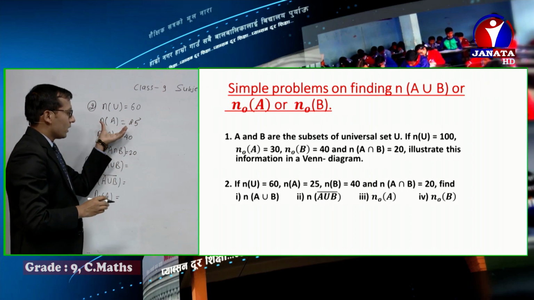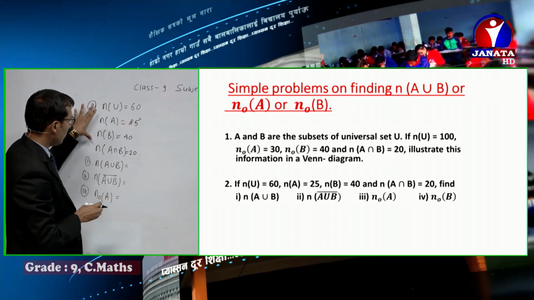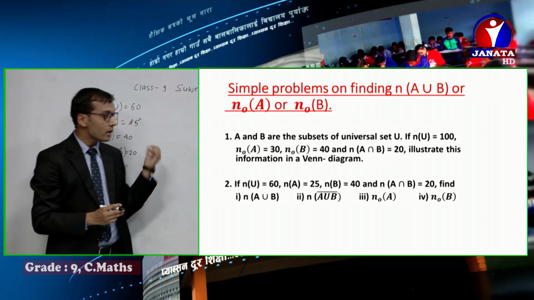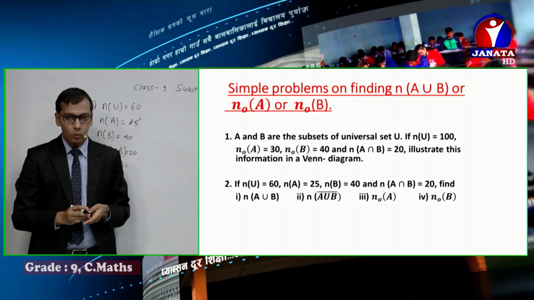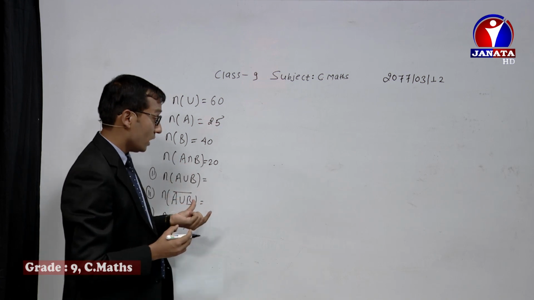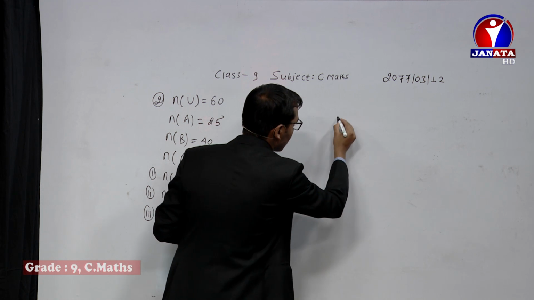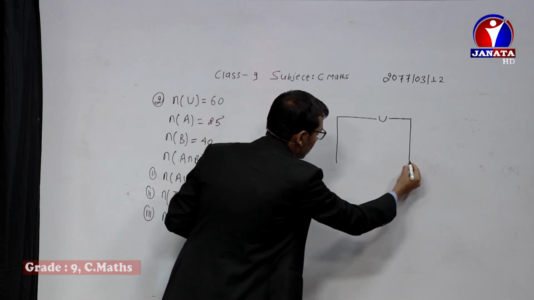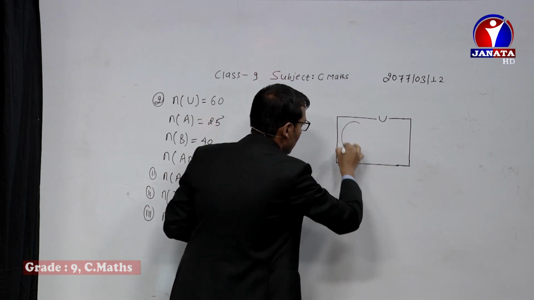If we insert all this information in a diagram, we can find out whatever the question asks. So let's insert this information in a diagram. Let's draw a diagram, and here are two different subsets A and B.